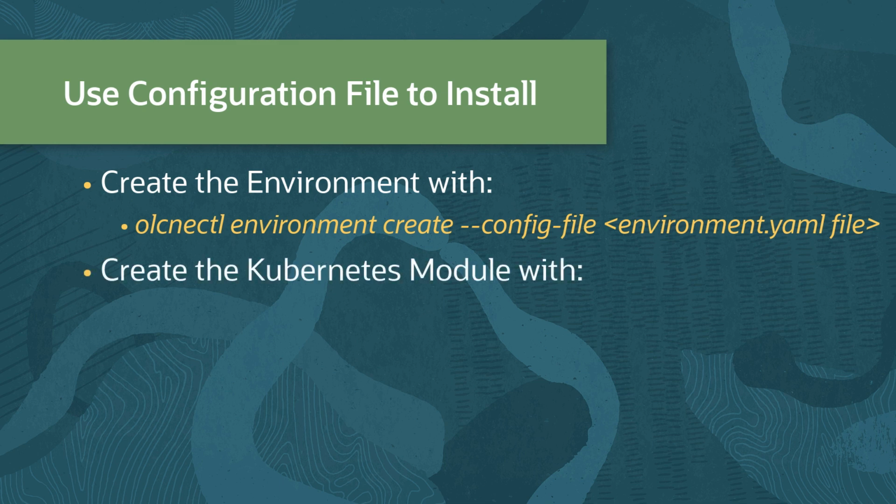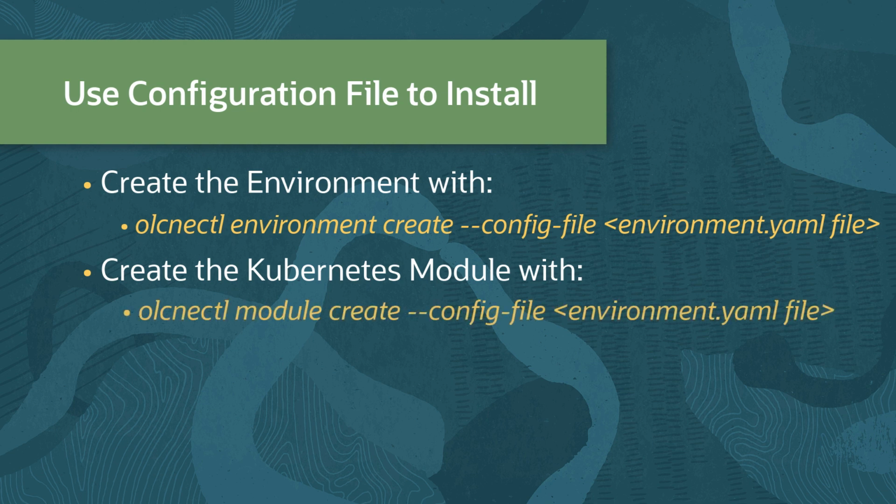Once this command completes, the next step is to invoke the OLCNE CTL module create --config-file path to your configuration file command to create the modules or module defined in the configuration file.